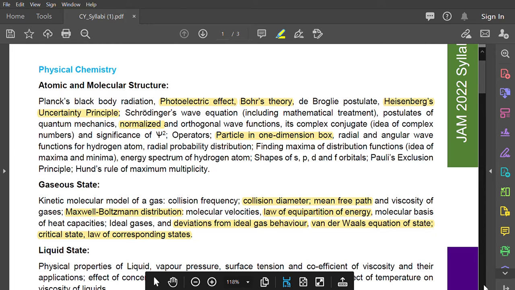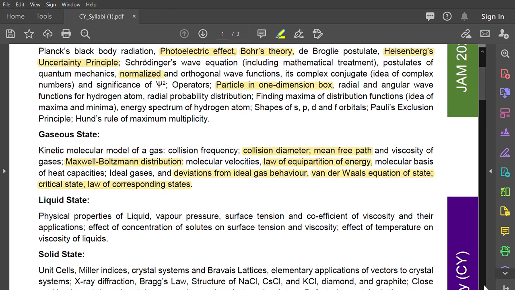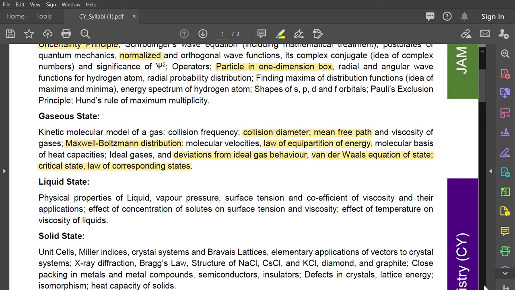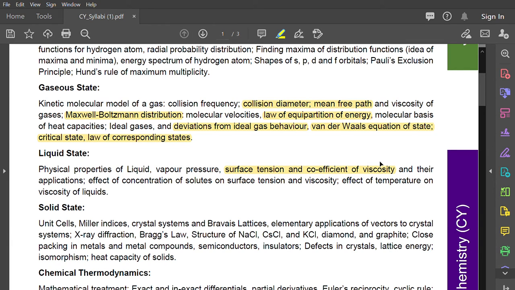So this is the part about the gaseous state. I would also say surface tension and viscosity problems. Sums on that one should concentrate.